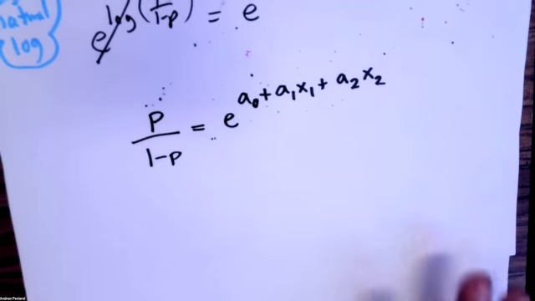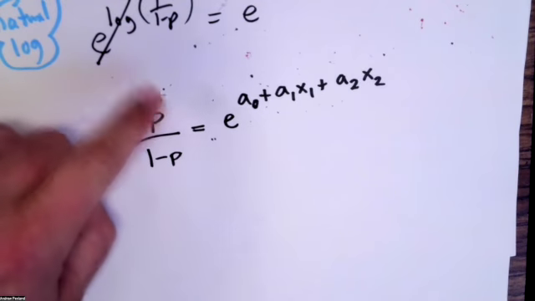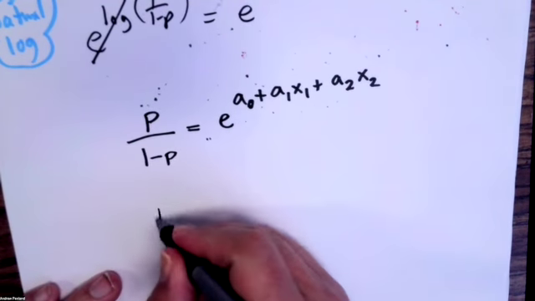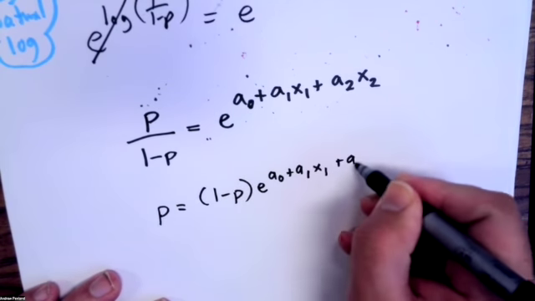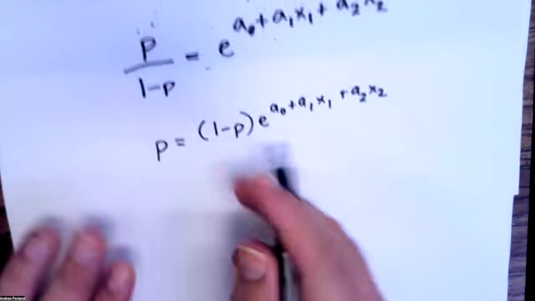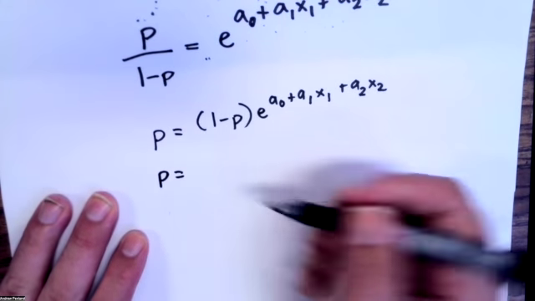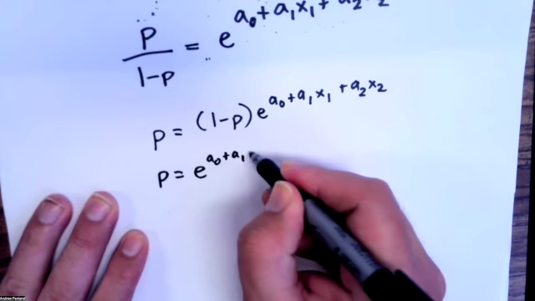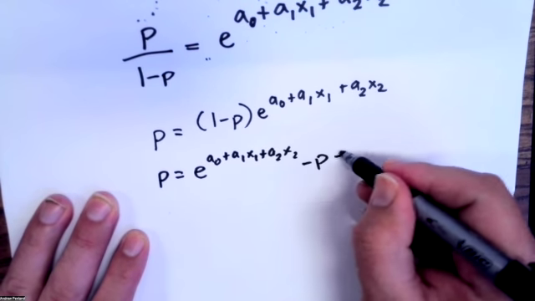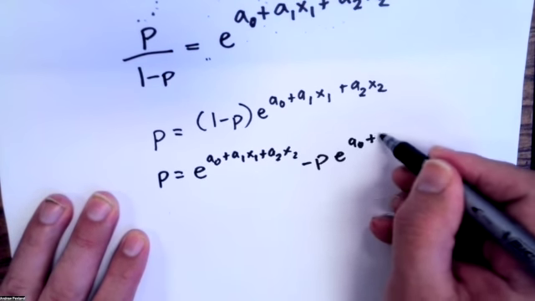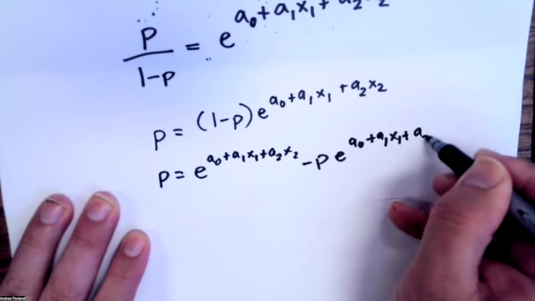Do you have any suggestions on what we can do? We're just trying to solve for P, so that is the unknown. I have P equals this e expression, e to the a0 plus a1 x1 plus a2 x2, minus P times e to the a0 plus a1 x1 plus a2 x2.